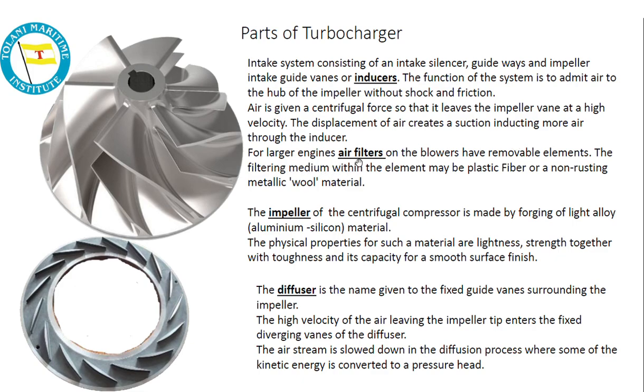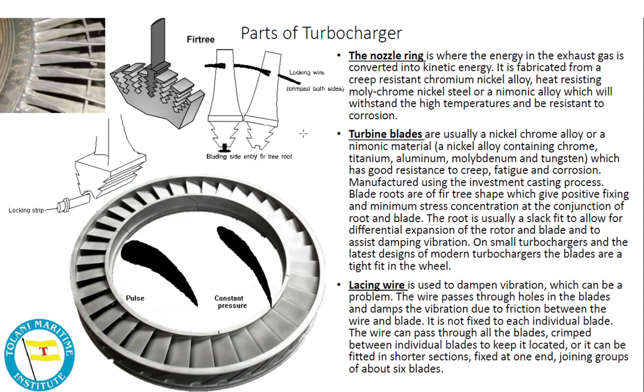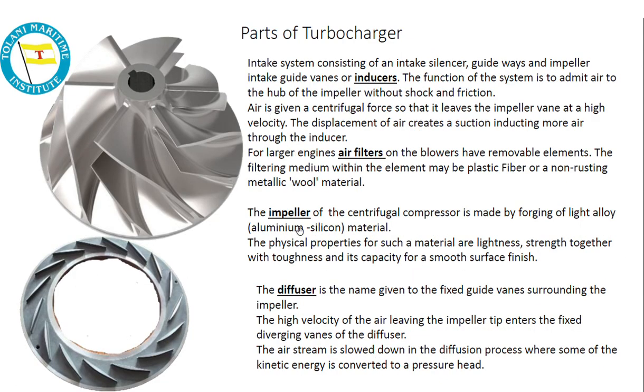For larger engines, air filters on the blower have removable elements. The filtering medium within the element may be plastic, fiber or a non-rusting material, wool material. That earlier one we saw was for the turbine side, all these arrangements. Now here what you see is the compressor side. For large engines the air filter blowers have removable elements.